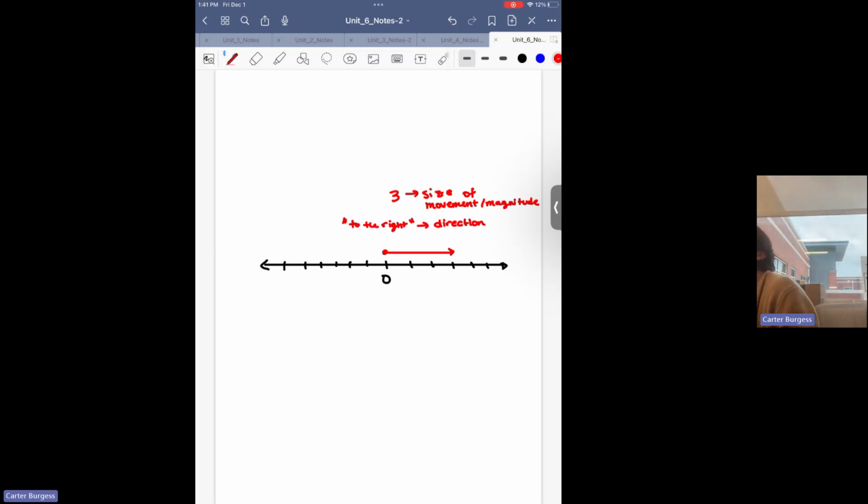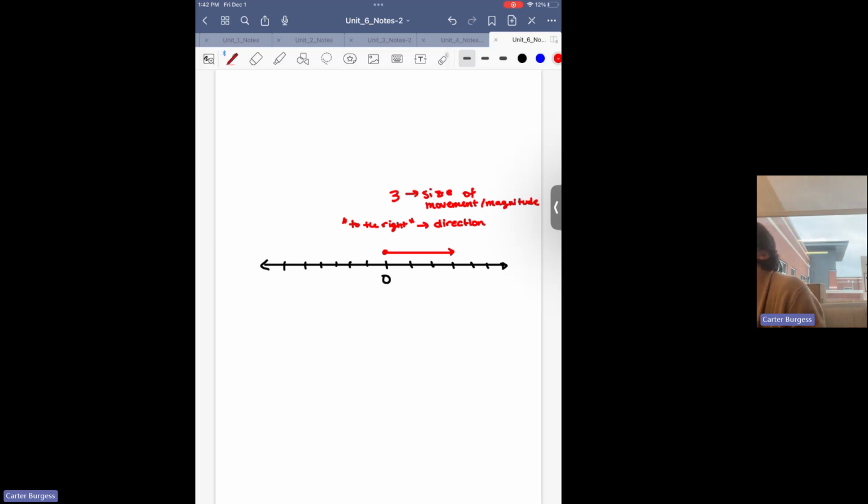We could have moved 3 to the left, and that would have taken us to a different terminal location. We're in one dimension, so we only have those 2 options of moving to the left or to the right.